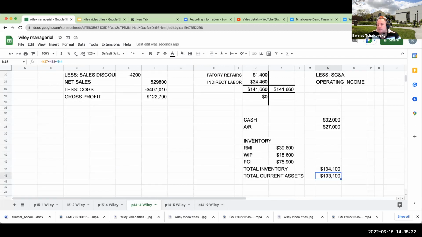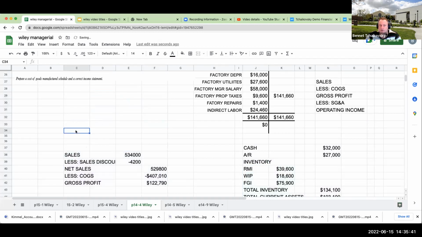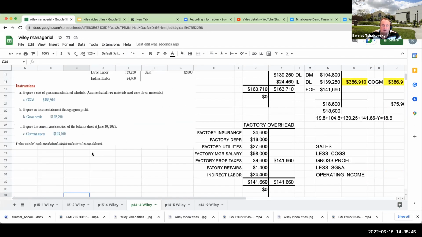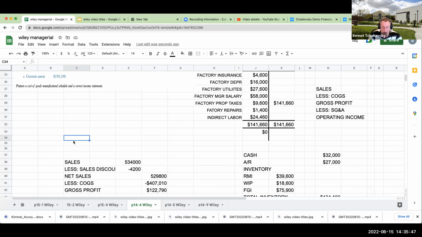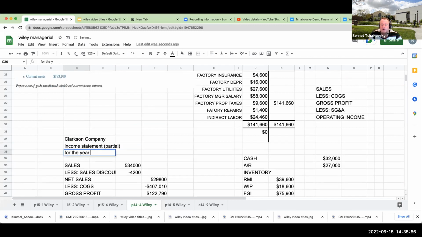Now, if I'm ever asked to prepare these different sections, you always want to give the readers some kind of context. The name of the company here is Clarkson Company. So we would say here, Clarkson Company income statement, partial, for the year ended 6/30/25.